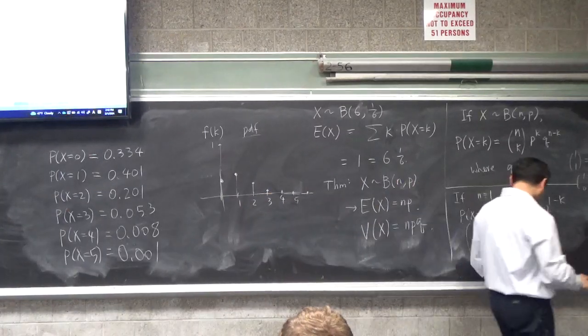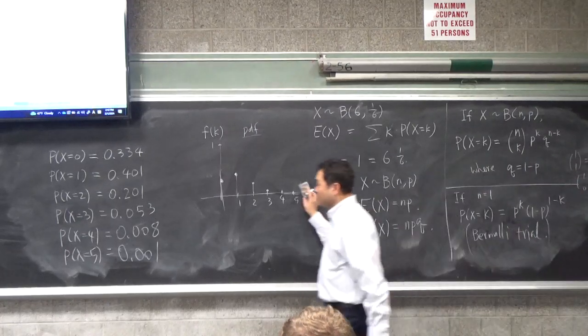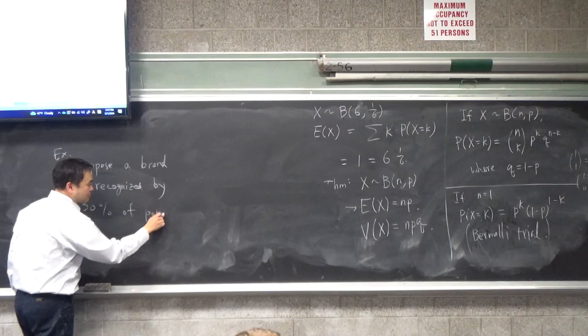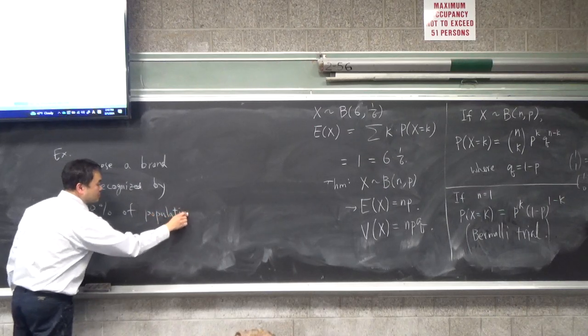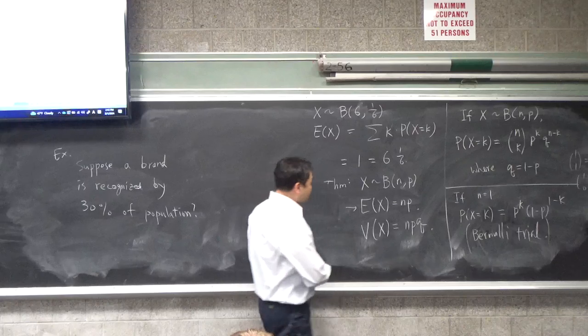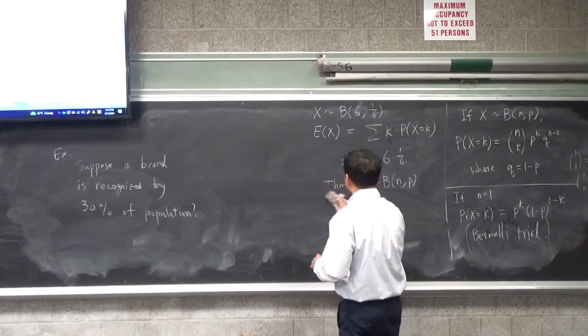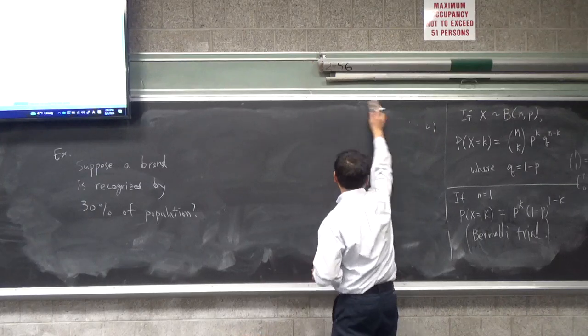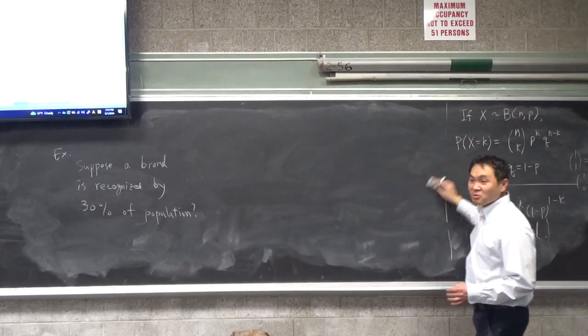So 30% of the population. Okay? And let's say this is some claim from a marketing department, okay? So you gave millions of dollars for your new brand of shoes or something, okay?